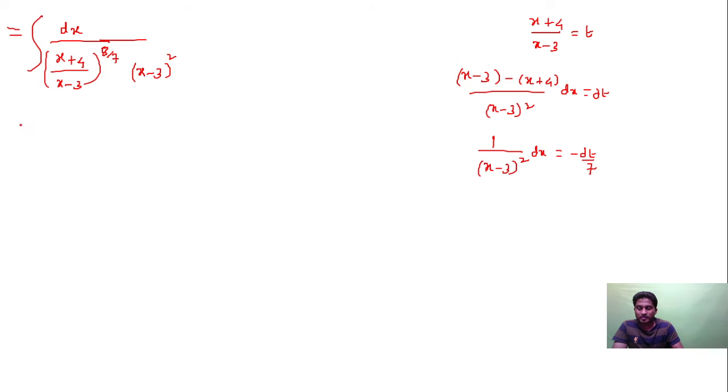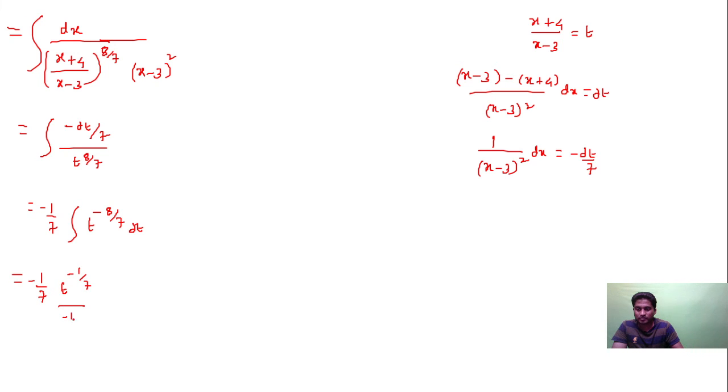So the numerator will be minus dt upon 7, upon t to the power of 8 by 7. So this is minus 1 upon 7 integration of t to the power of minus 8 by 7 dt. So this is minus 1 upon 7 times t to the power of minus 1 by 7 upon minus 1 by 7 plus the constant c. This will cancel.